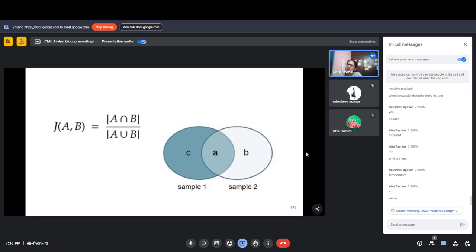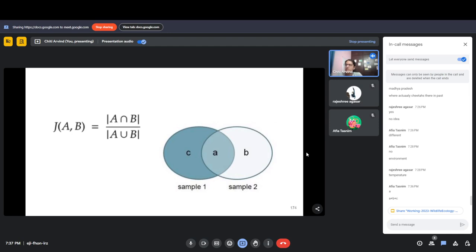So when you divide A by A plus B plus C, you will get the similarity between both the sites. This is a very basic and crude index. It does not take into account several other factors, but in its purest and simplest form, this is the concept behind the Jaccard's index.